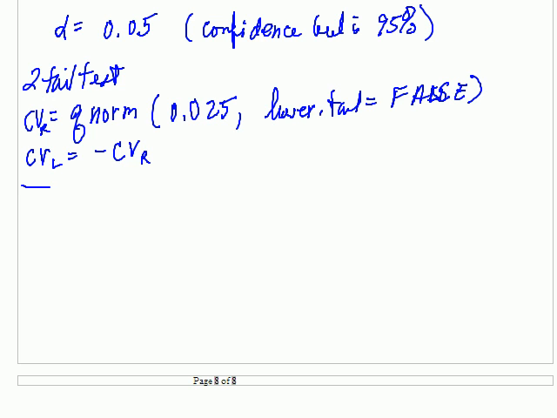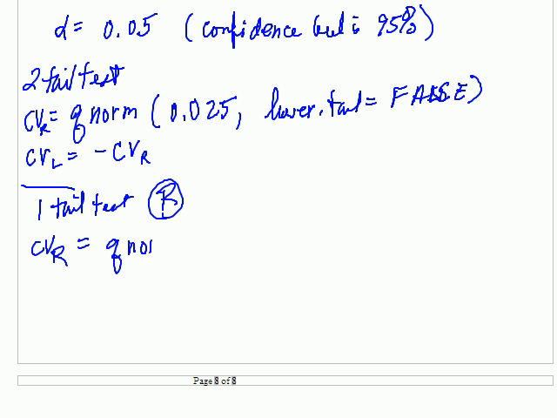Now if you have a one-tailed test, and let's say it's a right tail, all you need is the right critical value, qnorm, but in this case you don't divide by 2, so you would give it 0.05 for that complete area, and it's right, so you want to do lower dot tail equals false.